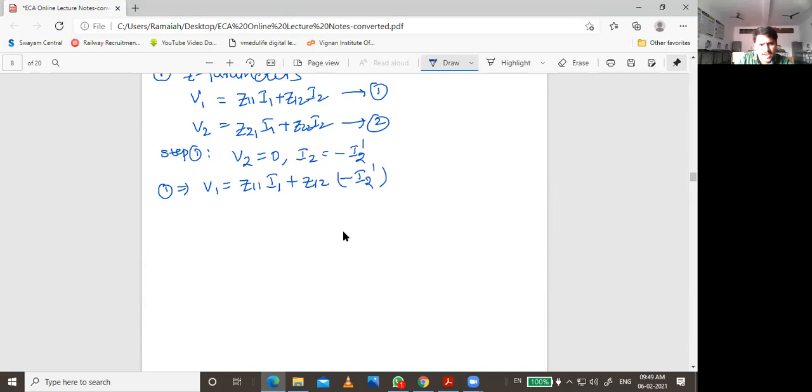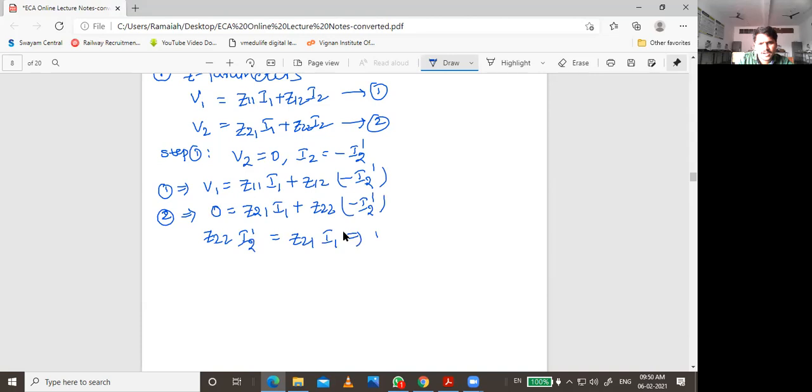Therefore, I am using equation 2. From this equation 2, V2 equal to 0. So this is equal to Z21 I1 plus Z22 I2 equal to minus I2 dash. So therefore, Z22 I2 dash equal to Z21 I1.